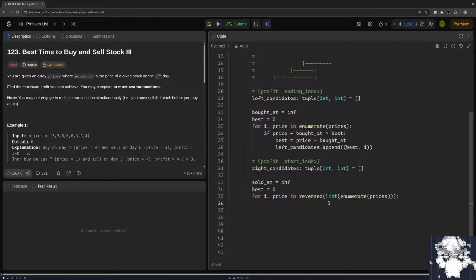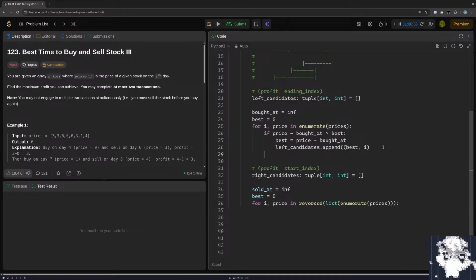Oh, also I forgot to update: bought at equals min of bought at and price. Sold at equals max of sold at and price. And it starts at negative infinity.